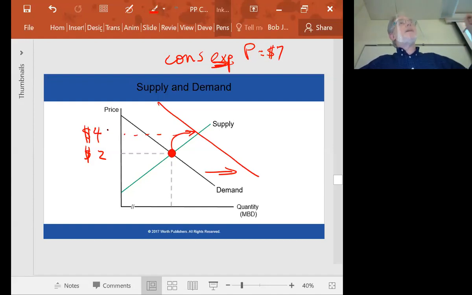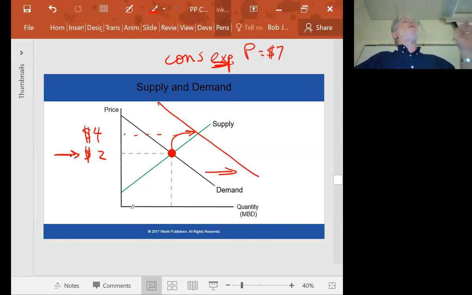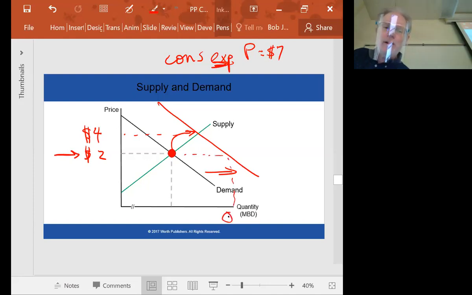The government has laws against raising the price in this kind of situation. The intention is to help consumers. But notice, if the government says, okay, you can't raise the price above $2 until after this is over, what is that going to lead to? You're going to have a shortage because consumers now want a much larger quantity.